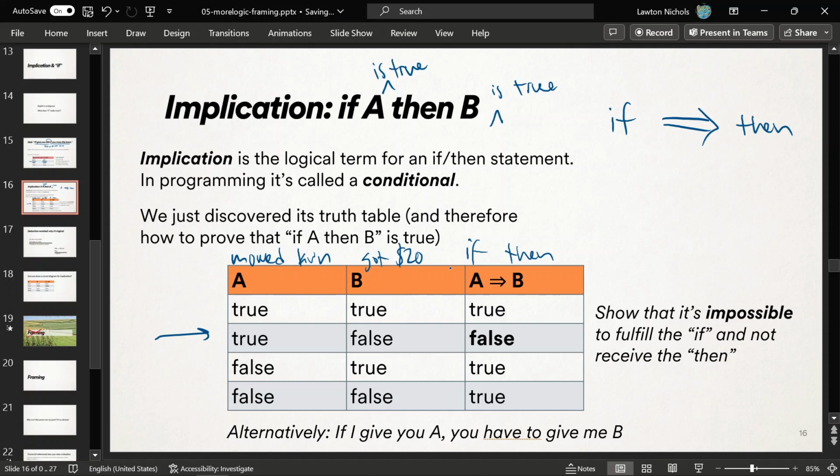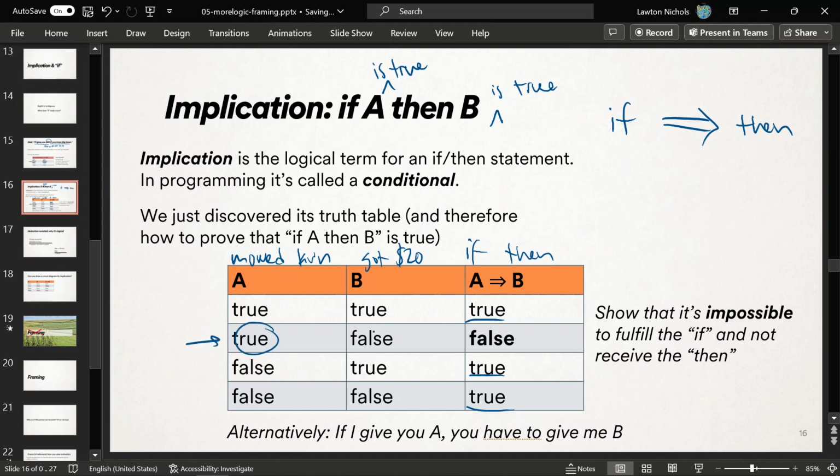When we're trying to prove things, usually we're trying to say, yes, this A implies B, this if statement in logic is true. When we want to prove something, we have to make sure we're in one of the rows that ends up with true in the truth table. So if we're trying to prove an implication, we just have to show that we're in one of these and we're not in the bad one. We have to show that we could never be here.